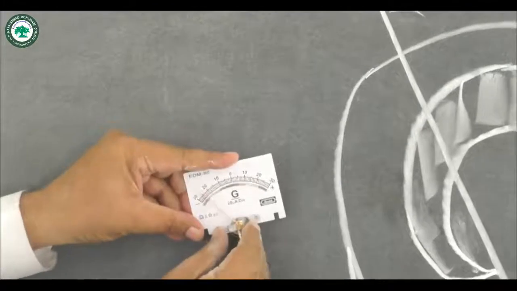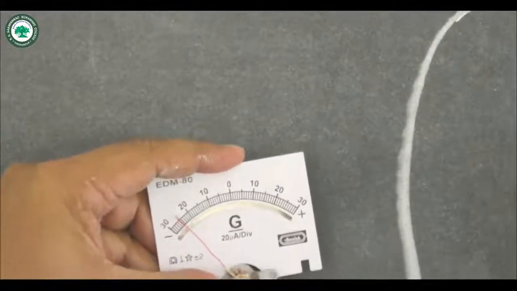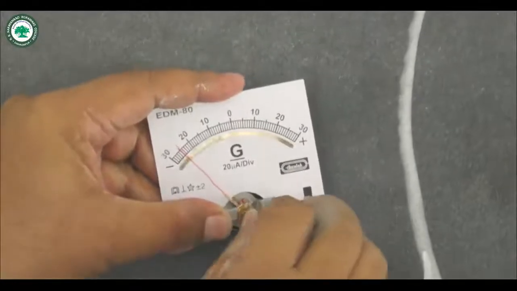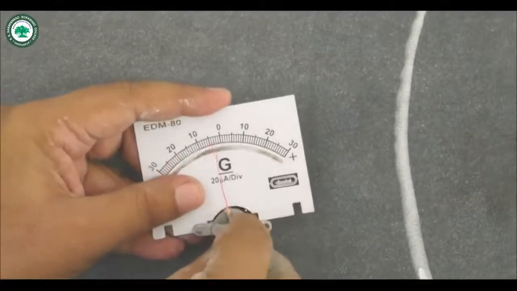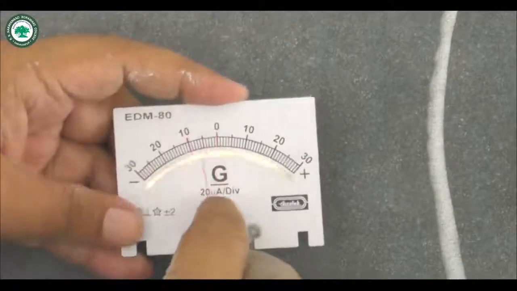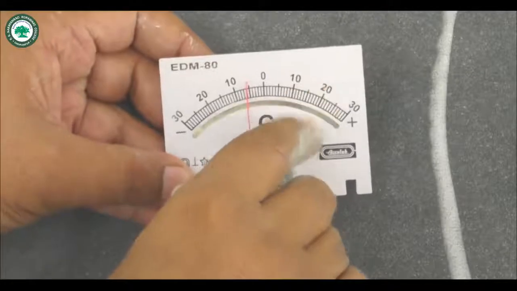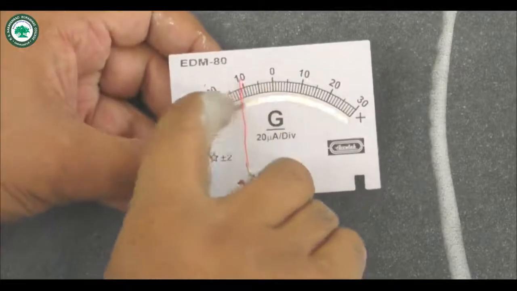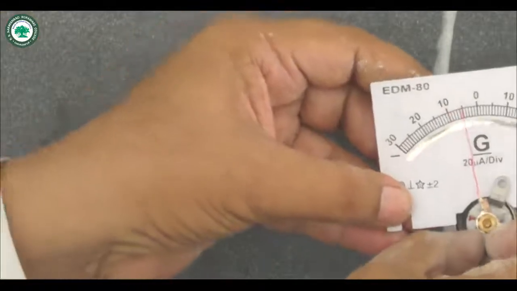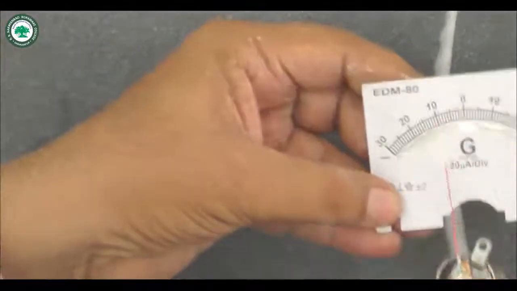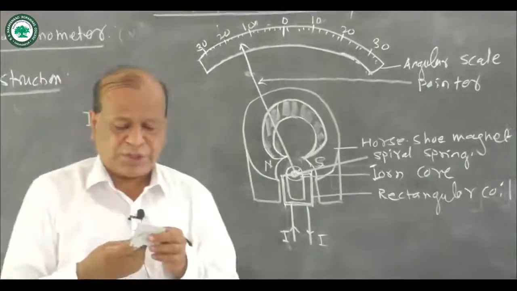When this rectangular coil rotates, its pointer also rotates and shows the deflection produced in it. Here is the angular scale. This is 0, 10, 20, 30, 10, 20, 30. This is the construction of the moving coil galvanometer.